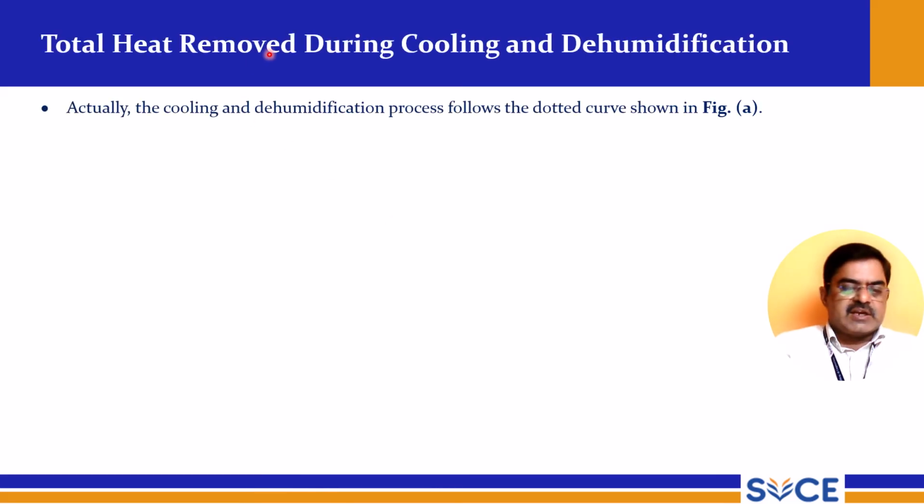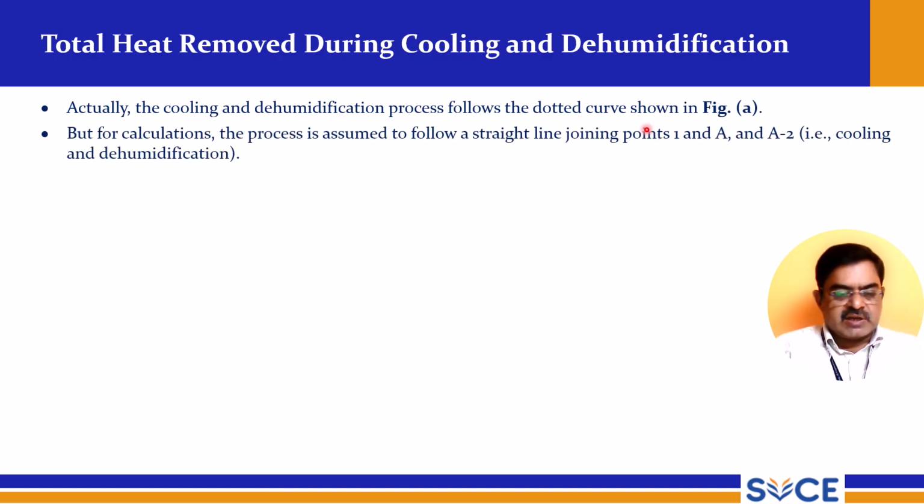Total heat removal during cooling and dehumidification. Actually, the cooling and dehumidification process follows the dotted curve shown in figure A in the earlier diagram, but for calculations the process is assumed to follow a straight line joining points 1 and 2.